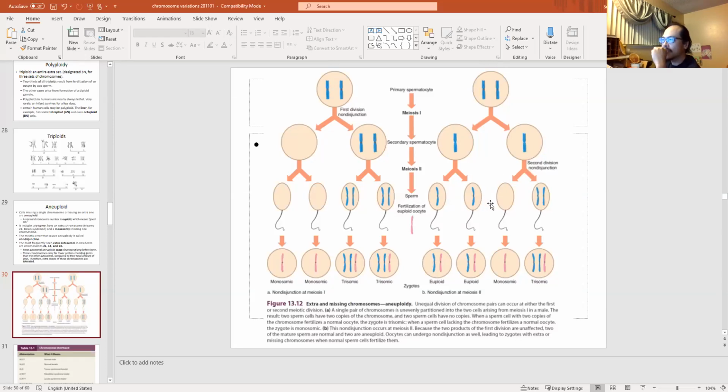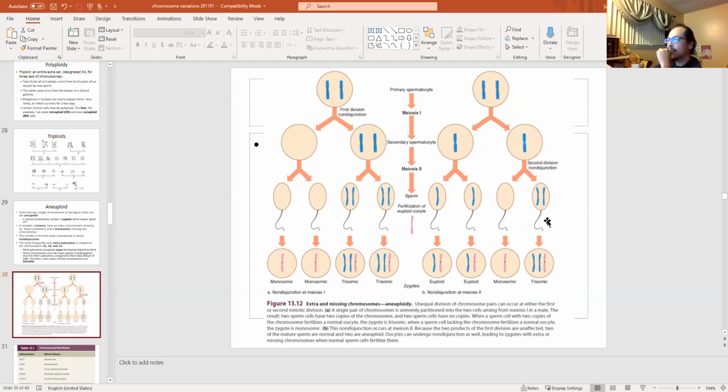When they don't separate well, they're supposed to be disjoint, right? The chromatids are supposed to be disjoint, but they do not. This condition is called nondisjunction, and that is what causes this chromosome abnormality.